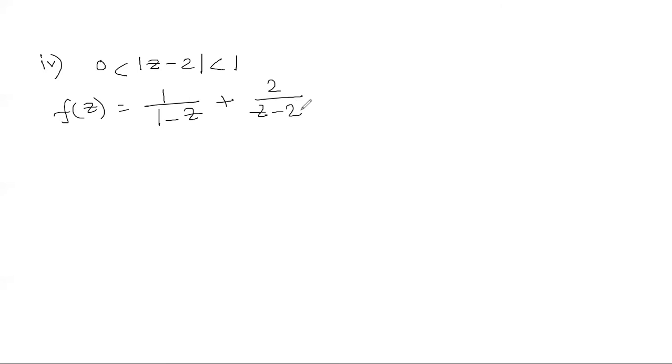Now, the region is mod of z minus 2 is strictly less than 1. So we have to expand with respect to the point 2, right? So here z0 is 2. That means we are going to generate these kinds of expressions: a_n (z minus 2) power n, n equal to minus infinity to plus infinity. So here we have to express the terms in the powers of z minus 2.